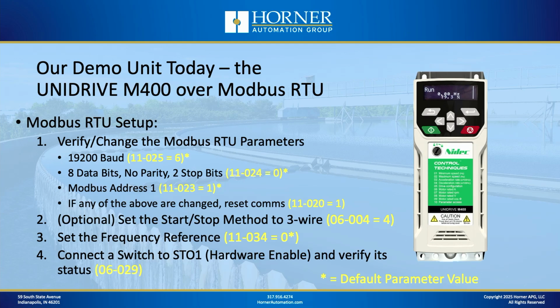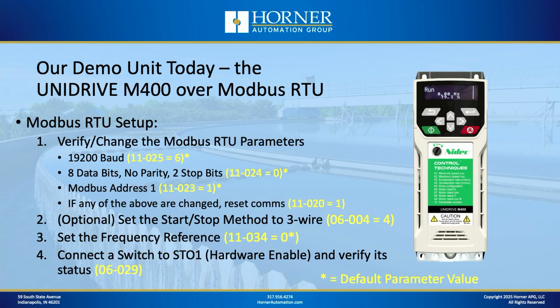The default frequency reference, I believe, is voltage on one of the analog inputs. If that's okay with you, you can leave it alone, which I did. Keep in mind, by sending another parameter over Modbus, you can change the frequency reference for any given point of time to be supplied by the Modbus master, if you will. But I left the frequency reference alone.